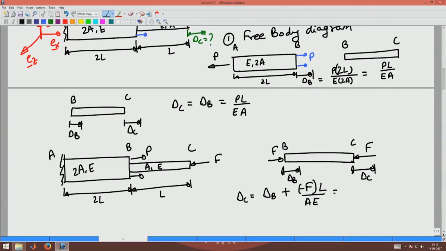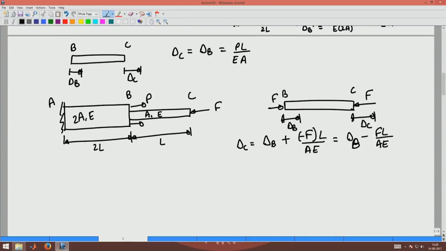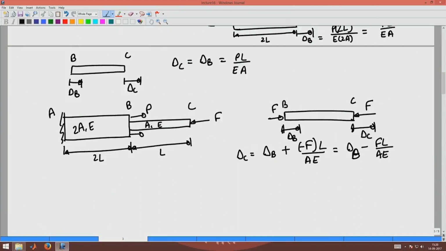So, now delta C would be minus FL by AE. Now, delta B is not same as what we had before, because the force acting on member AB also will differ now.